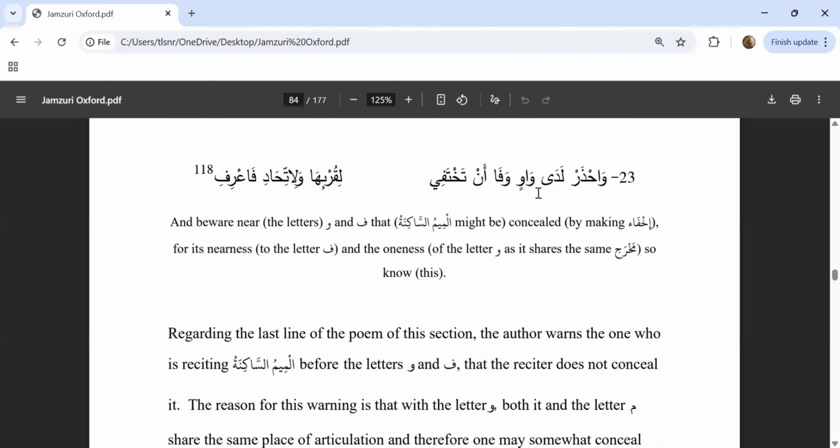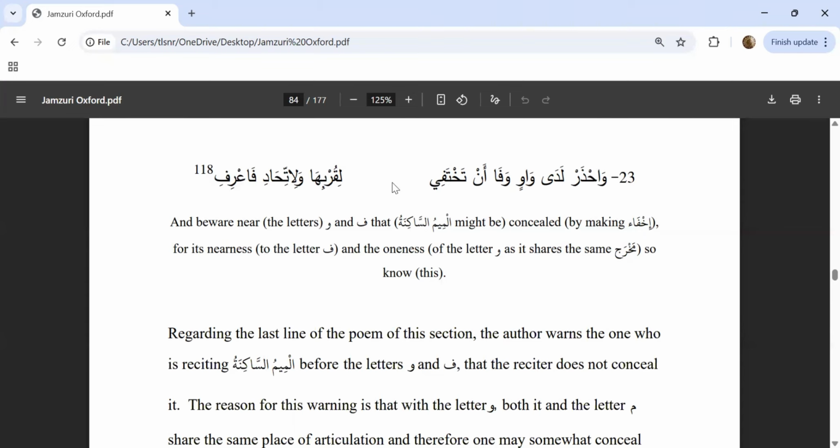So he says, واحذر, and beware. So this is again a cautionary word. واحذر, beware لدى واو وفاء أن تختفي. Beware near the letters waw and fa, that they might become concealed.